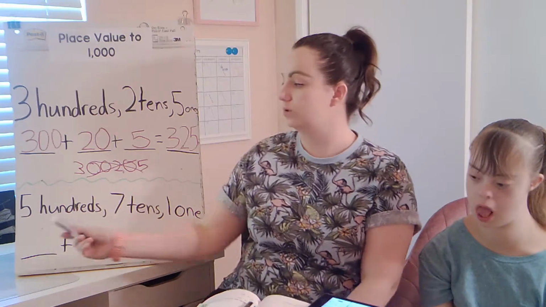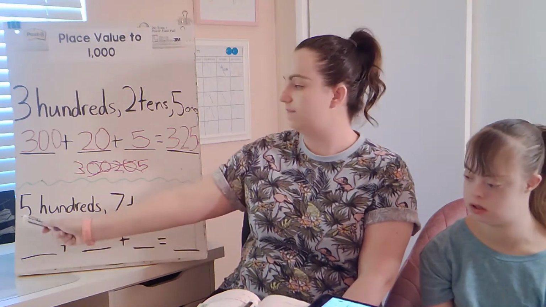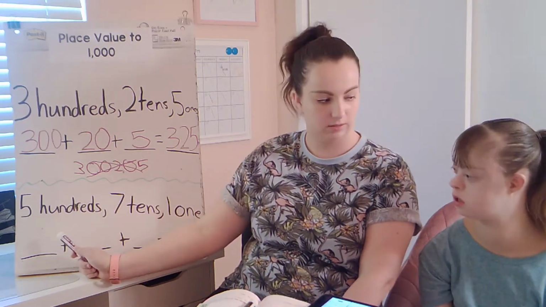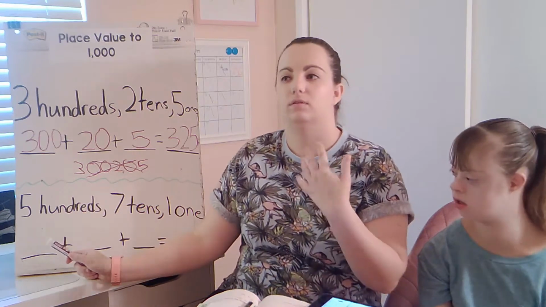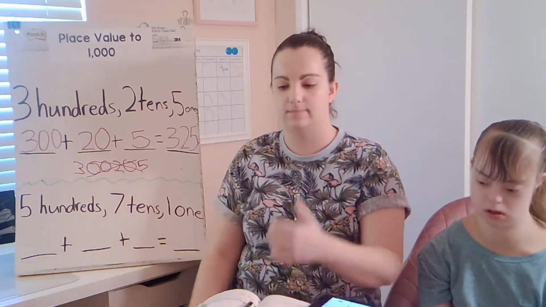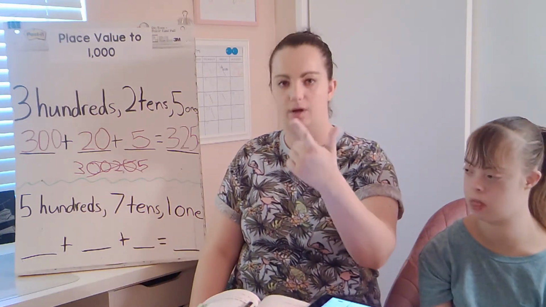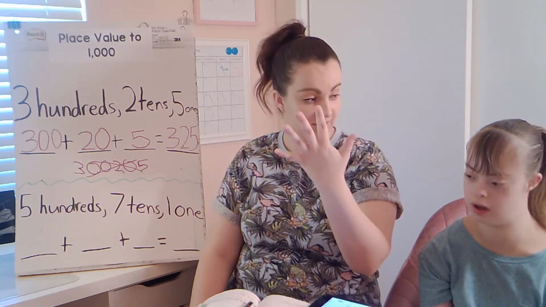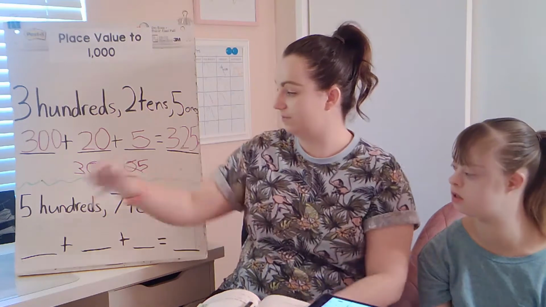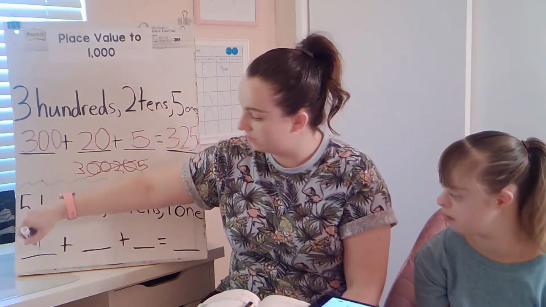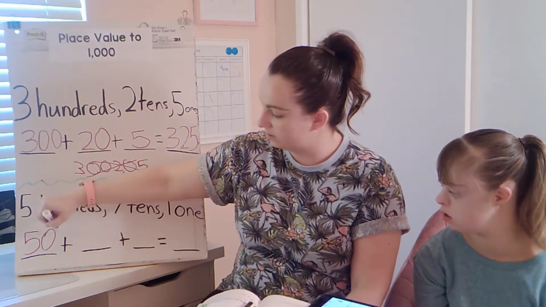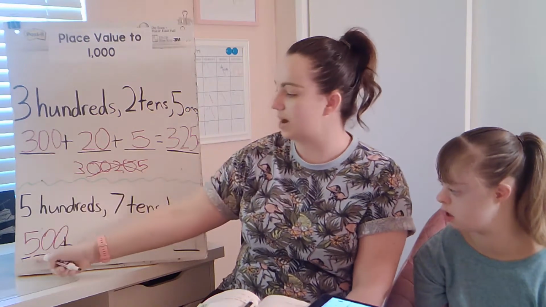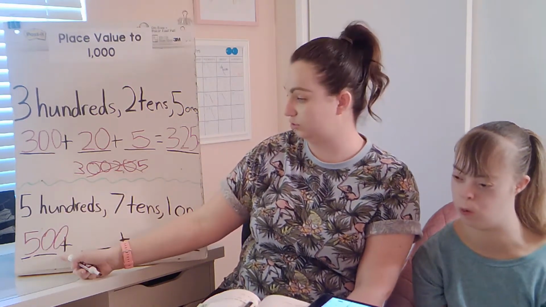So you start with the hundreds over here. 500s. That's like counting by hundreds 5 times. 100, 200, 300, 400, 500. So you would write 500 right here.